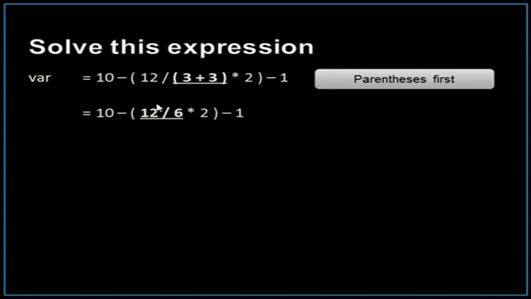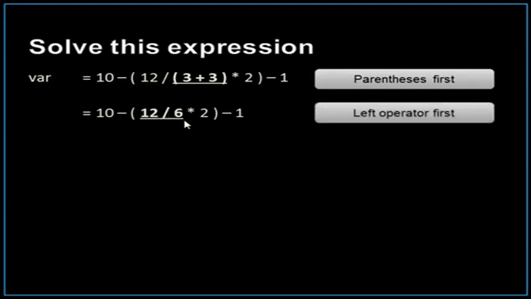What remains is the second inside bracket, but the inside of the second bracket contains some ambiguous operators, right? So here division and multiplication, so the left would be solved first. We learned this earlier in associativity, right? Left operator first.